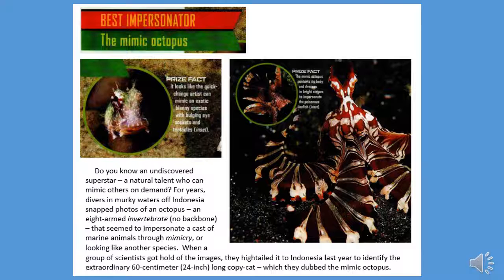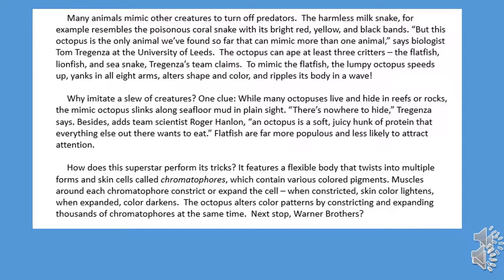When a group of scientists got hold of the images, they hightailed it to Indonesia last year to identify the extraordinary 60-centimeter or 24-inch long copycat, which they dubbed the Mimic Octopus. Many animals mimic other creatures to turn off predators.